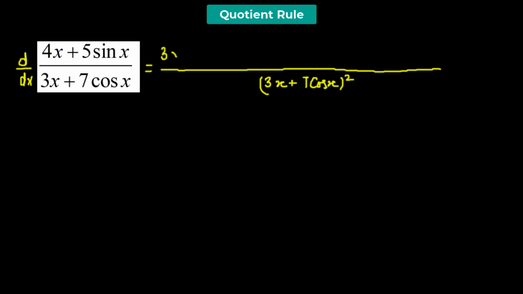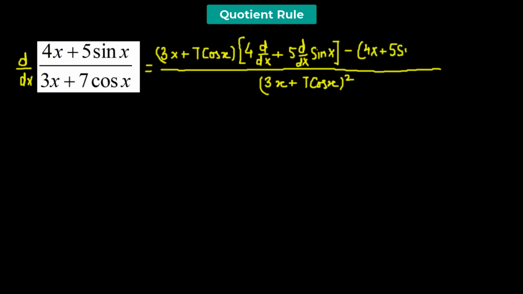We have 3x plus 7 cosine of x in the numerator multiplied to the derivative of the numerator, which will be 4 times the derivative of x plus 5 times the derivative of sine x, minus 4x plus 5 sine x multiplied to the derivative of the denominator.